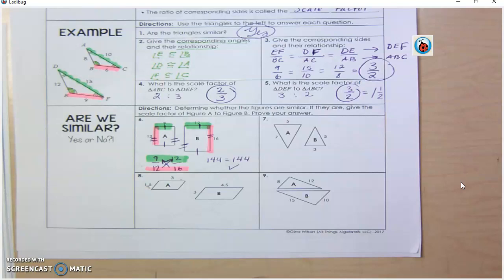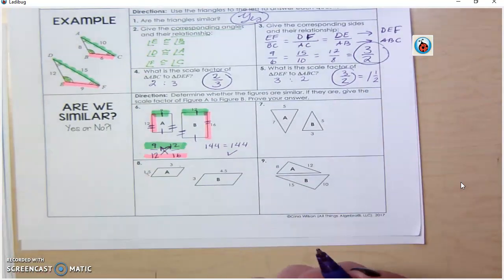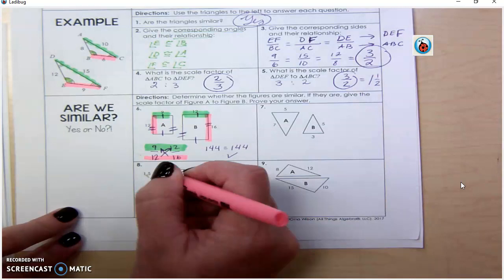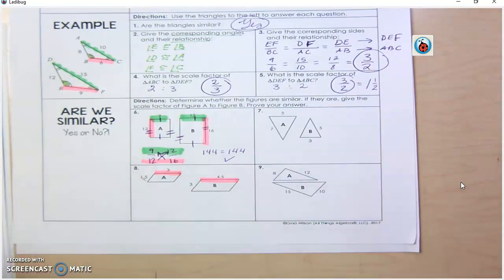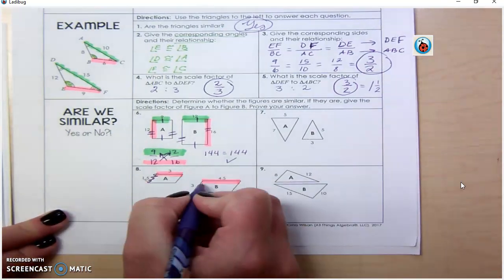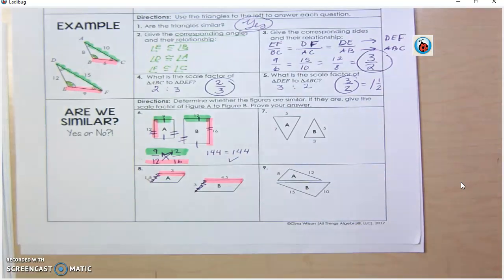Okay, number 8 would be the next one. I wanted to go over this example again because it does have decimal values. So 3 is in the same position as 4.5. And then I'll label it a little bit differently. So when you guys are labeling, you guys are absolutely in charge as to how you would like for these sides to be labeled.